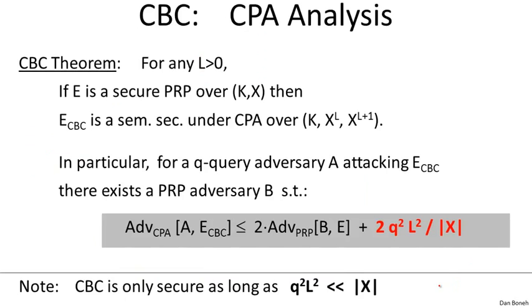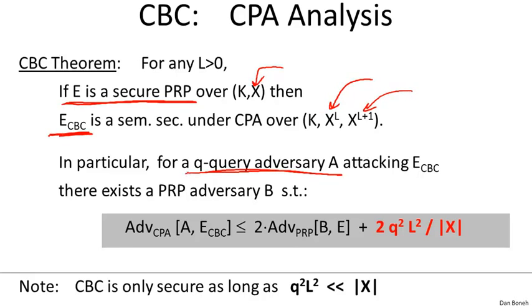Okay, so the following theorem is going to show that CBC mode encryption with a random IV is semantically secure under a chosen plaintext attack. Let's state that more precisely. If we start with a PRP, in other words a pure block cipher E, that's defined over a space X, then we're going to end up with an encryption algorithm eCBC that takes messages of length L and outputs ciphertext of length L plus 1.